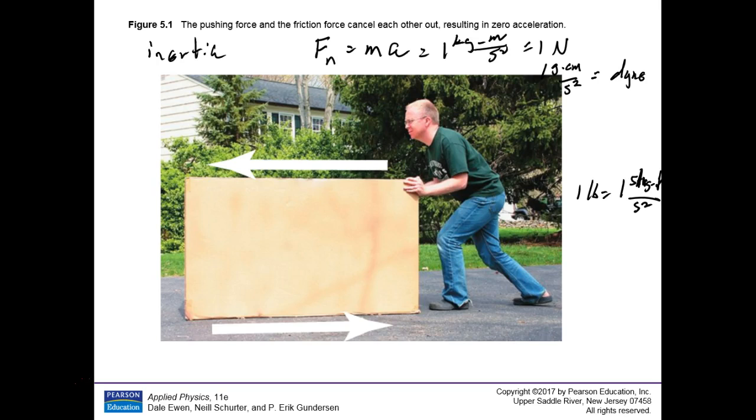So, what I want to do now is do example 1. What force is necessary, so we're looking for force, that's the unknown here, to produce an acceleration of 6.00 meters per second squared.